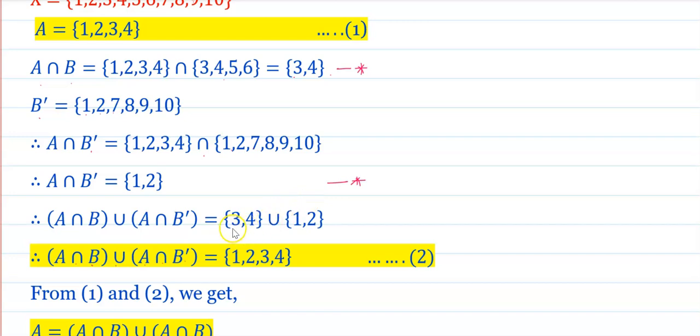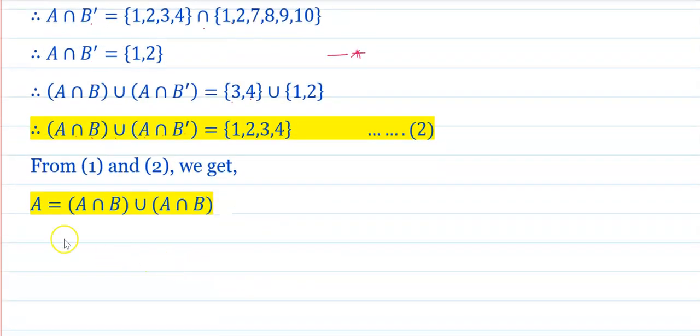And therefore 3, 4, this is the first one, and next is 1, 2. Their union is 1, 2, 3, 4. And therefore from 1 and 2, A is equal to {1, 2, 3, 4}. A intersection B union A intersection B complement is equal to 1, 2, 3, 4. And hence from 1 and 2, it is proved.